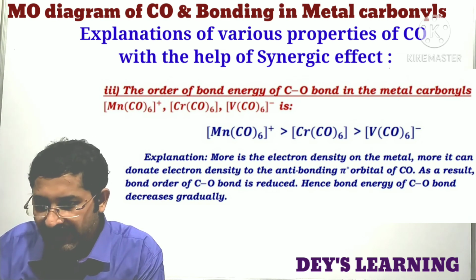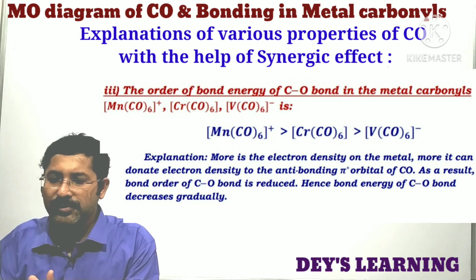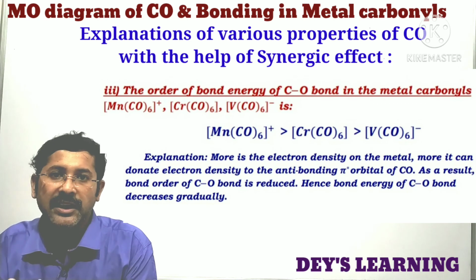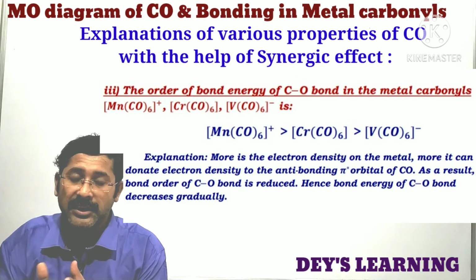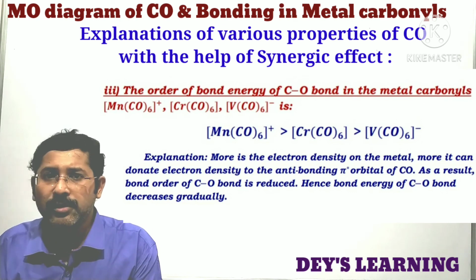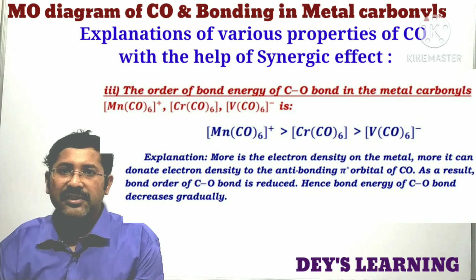So in this species, the carbon oxygen bond has greater bond energy, and as the negative charge, the electron density on the metal increases, the carbon oxygen bond order becomes less, and bond energy decreases gradually.